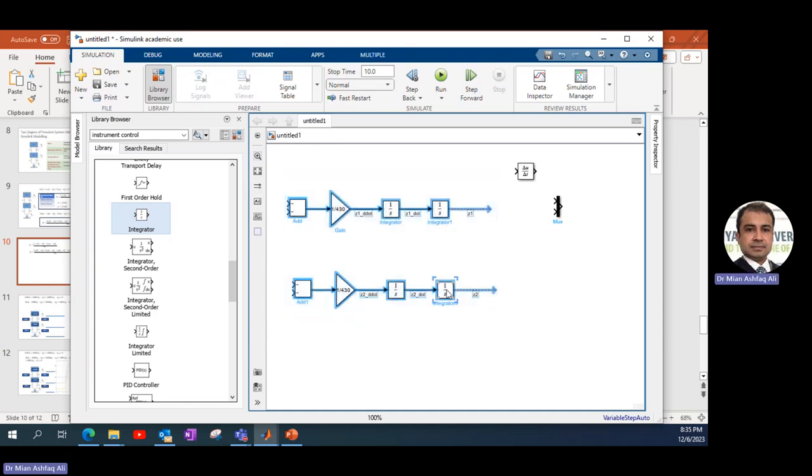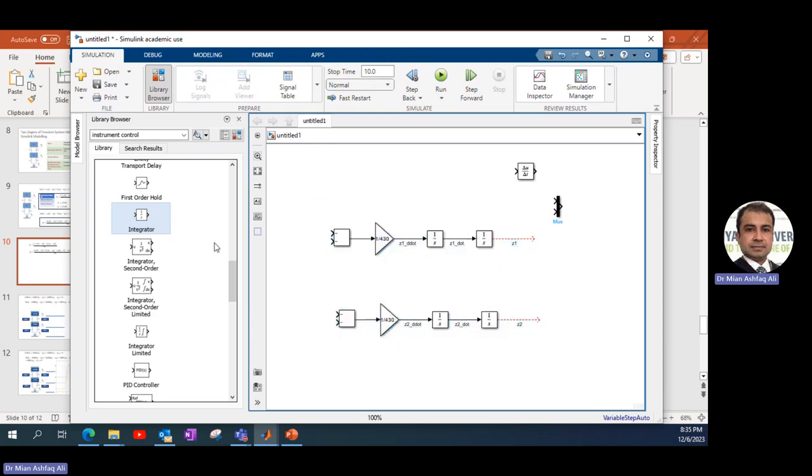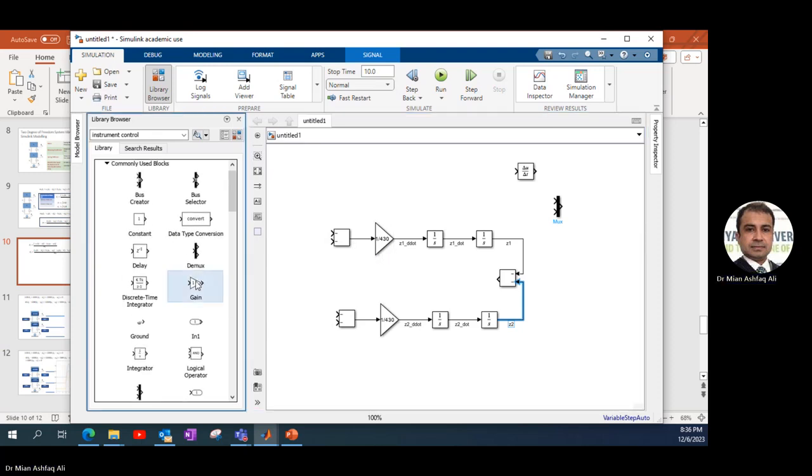Now I can go to this block one more time. I can put Control I to invert it, and I can take this Z1 minus Z2, and then I can multiply with a gain.